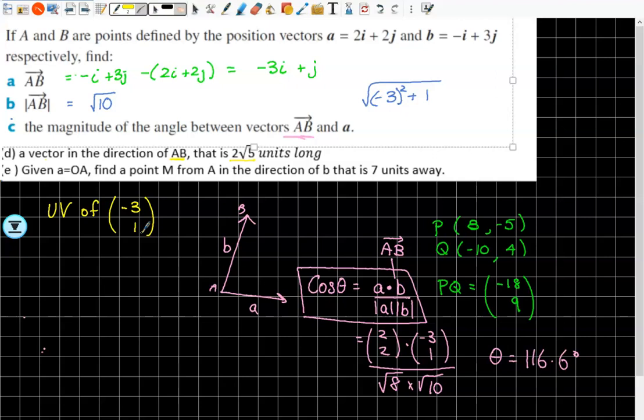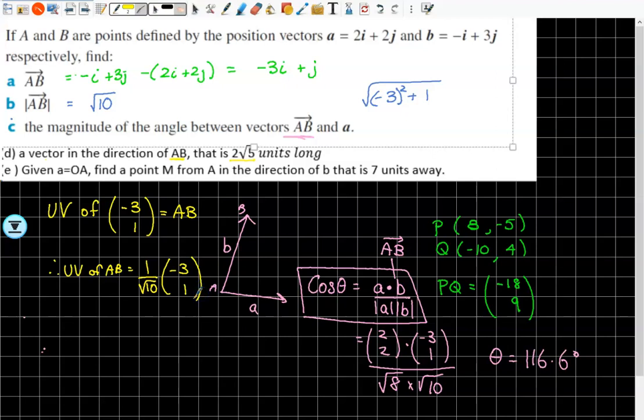All right, so unit vector, I'm going to say, equals AB over the length of AB. We've already got the length of AB, haven't we? √10. So therefore, the unit vector of AB is going to be 1 over √10 times -3, 1. So this is now a vector that is 1 unit long in the same direction.